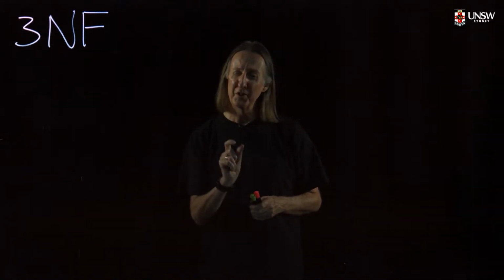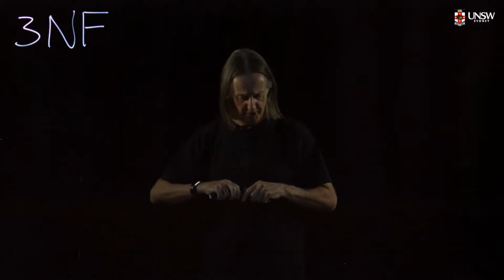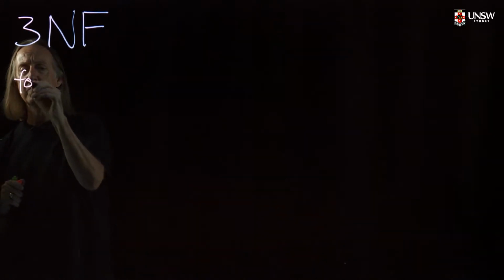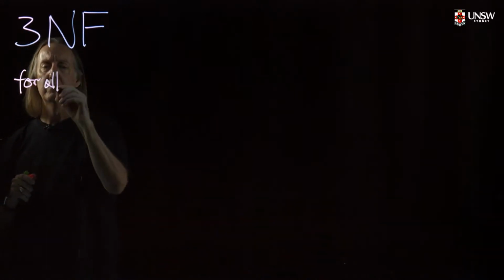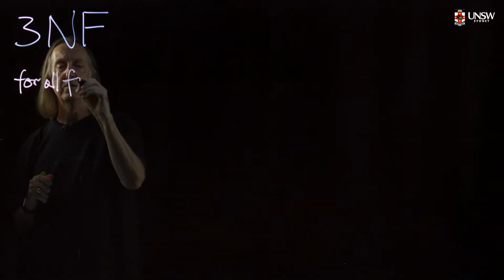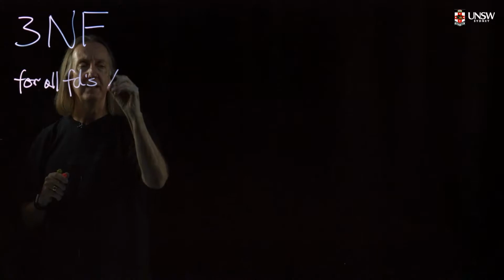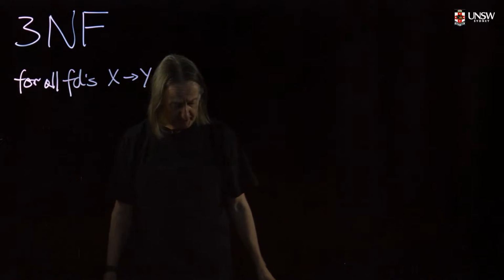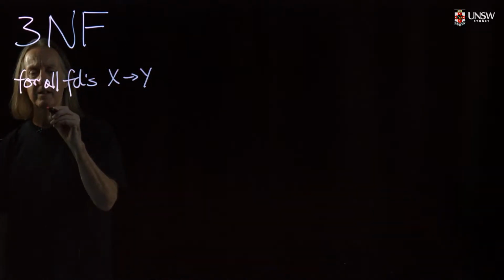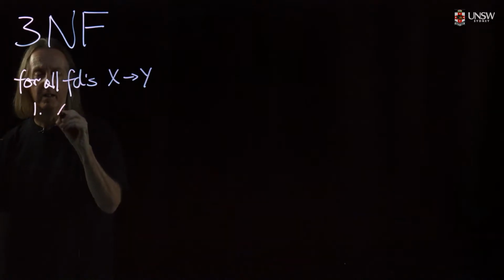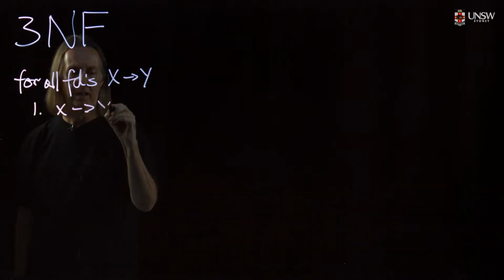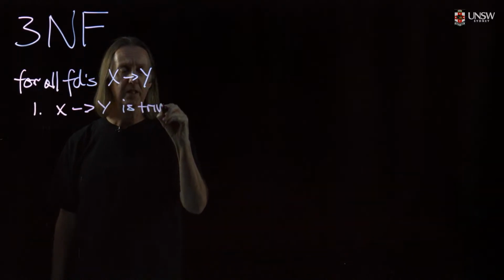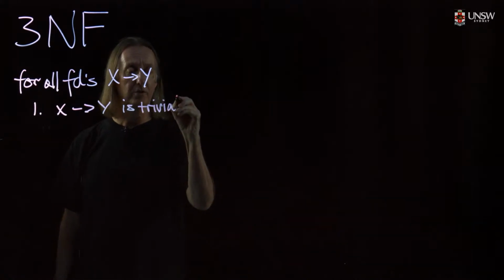Now, third normal form is slightly weaker than Boyce-Codd normal form, and basically the definition is, you've got, for all of your functional dependencies X determines Y, remember that X and Y are sets of attributes, either Y is trivial, so we've got something like B determines B, in which case we can basically ignore it.